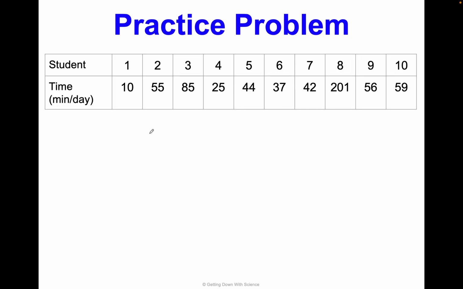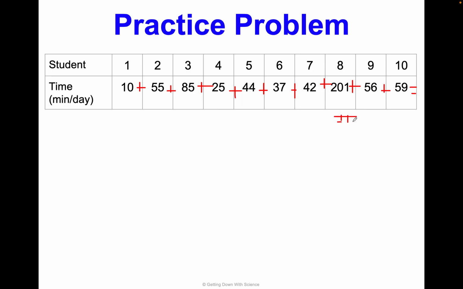So here's our data. Our mean here you would get by adding this all up. So 10 plus 55 plus 85 plus 25, 44 plus 37 plus 42 plus 201 plus 56 plus 59, and we're going to get a number.